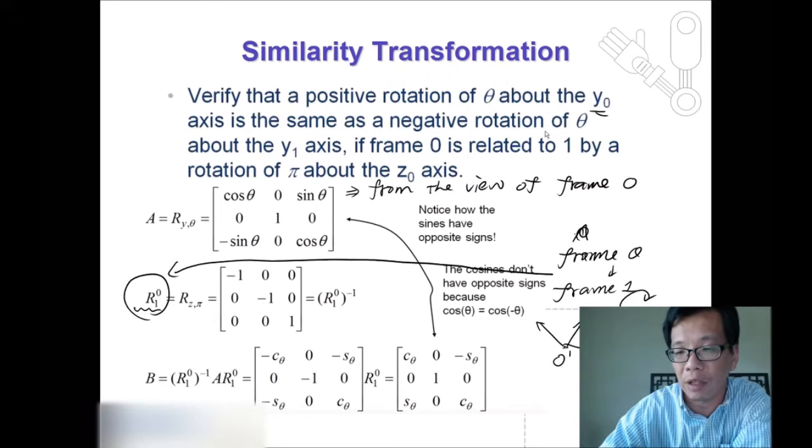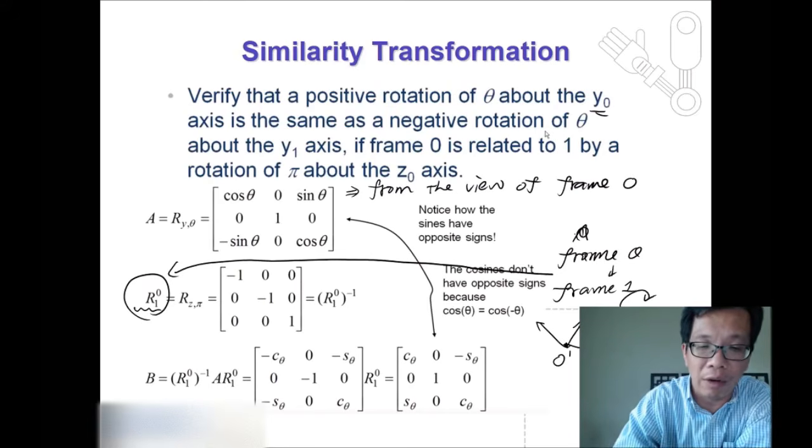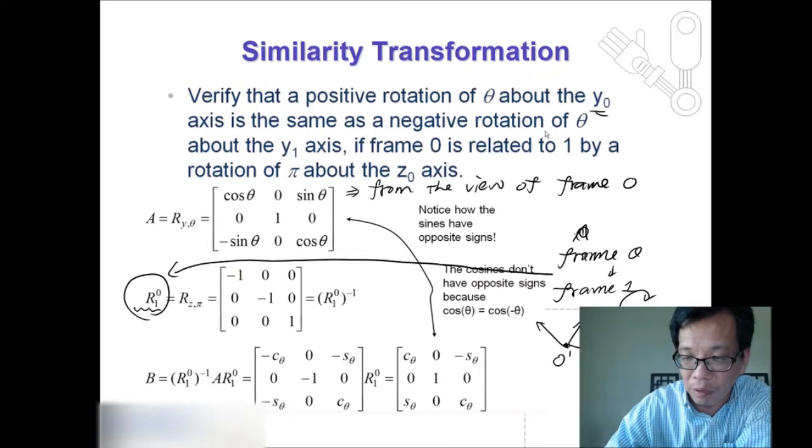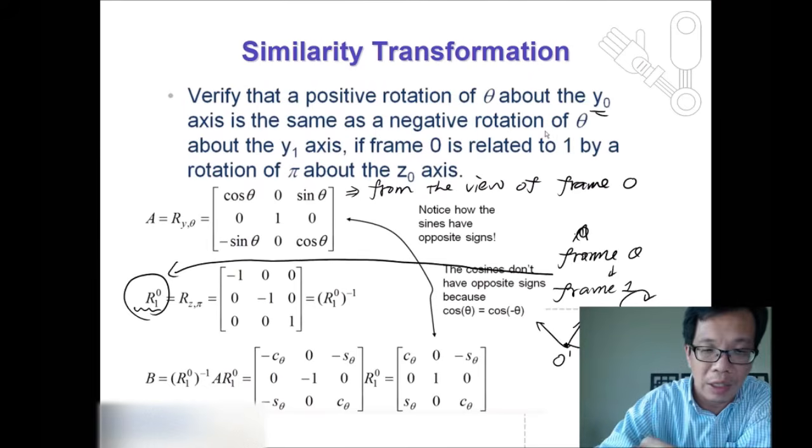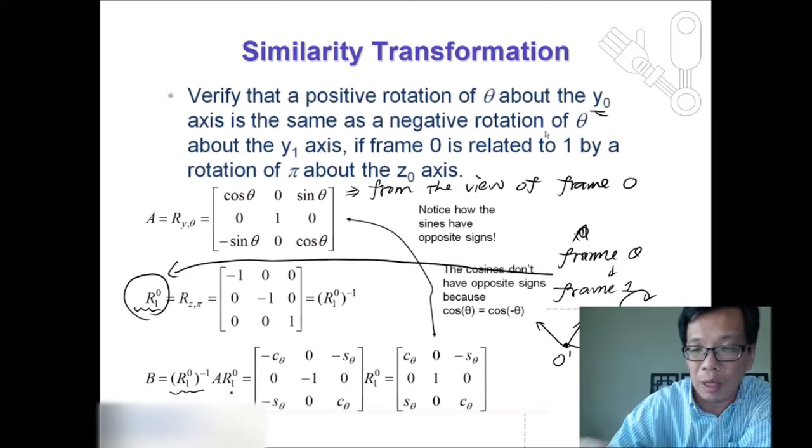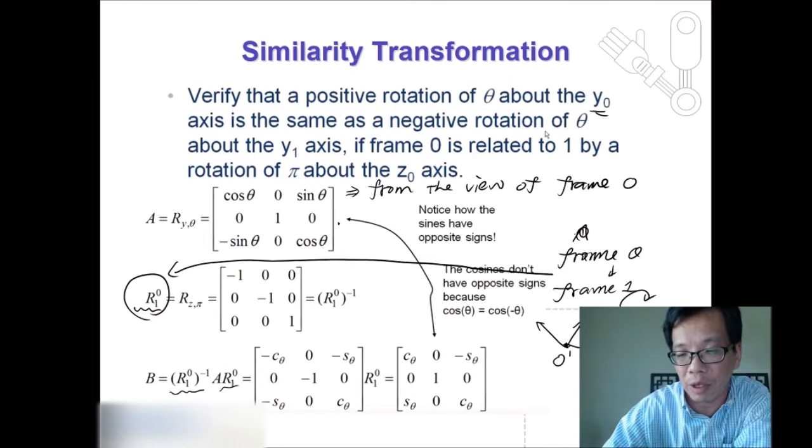So we want to find out the coordinate based on this frame. So what we need to do is find out the transformation matrix from here to here and take the inverse, multiply by the transformation matrix, which is this one. Then we take the transformation matrix from 0 to the first frame. Then if you try to find out the coordinate after rotation viewed from frame 1, that is how we're going to obtain our transformation matrix.